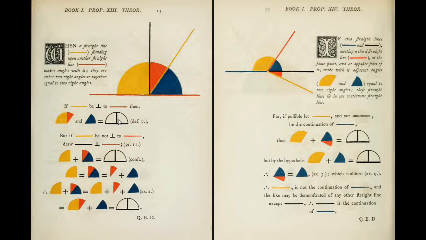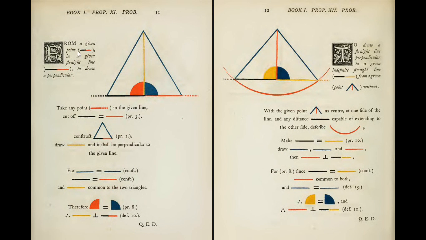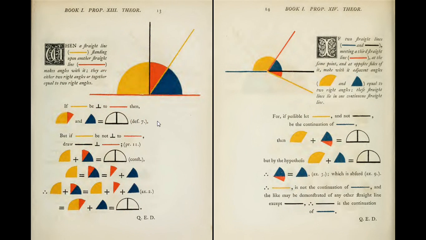From the last problem, or not the last problem, but from this problem of 11, right? Well, actually, no. From these together, we can draw a perpendicular line to this point, at the point of intersection. How would we do that?